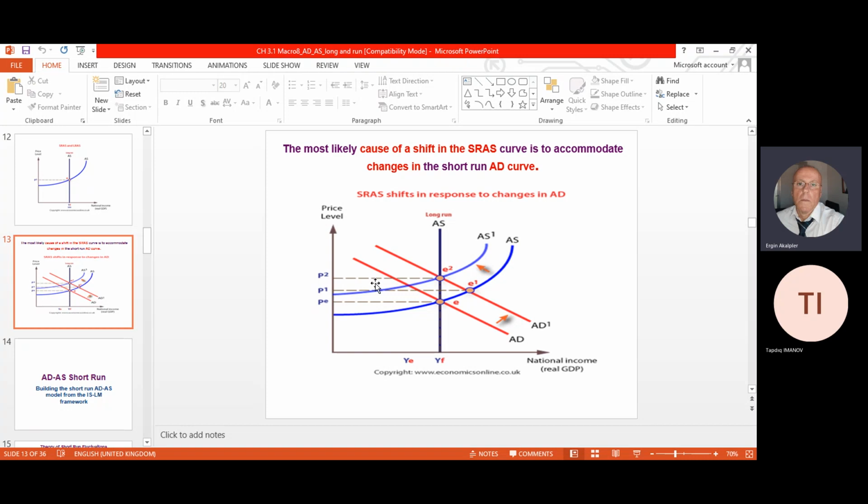And this will again create the aggregate supply curve as a vertical line, where the equilibrium is realized at the same level of YF, where the long run is situated.